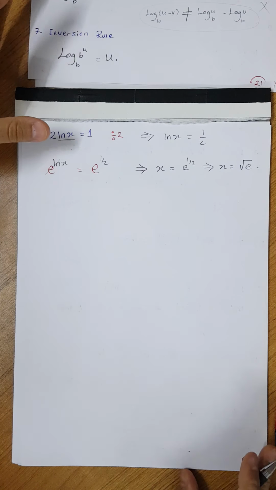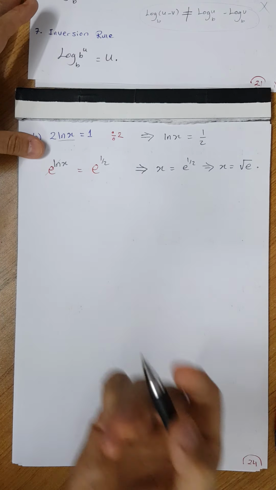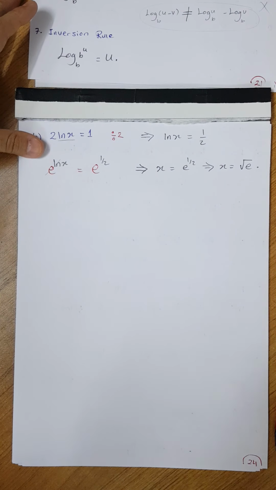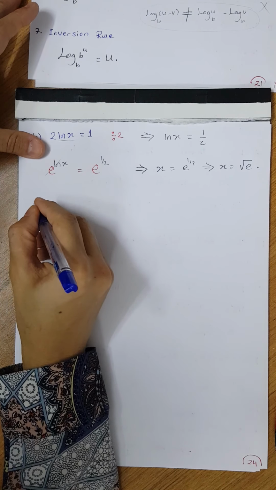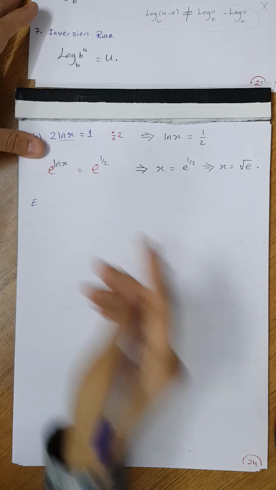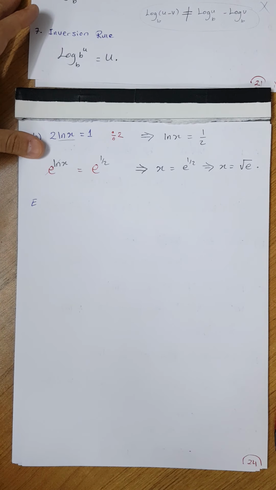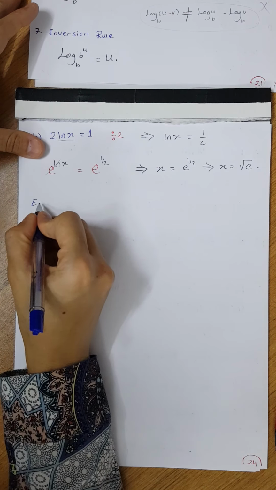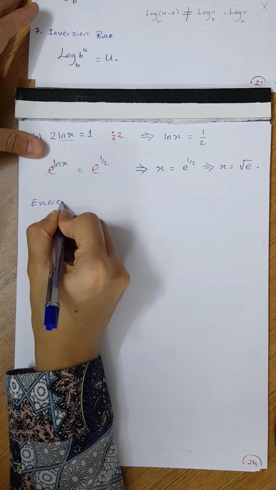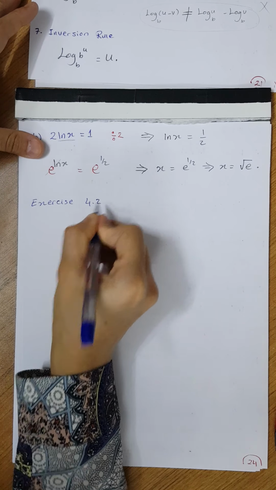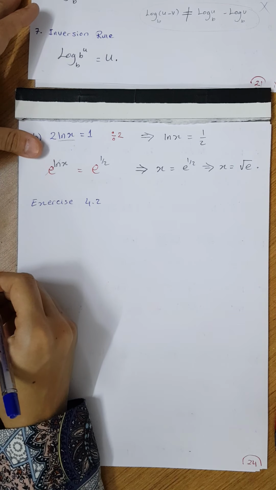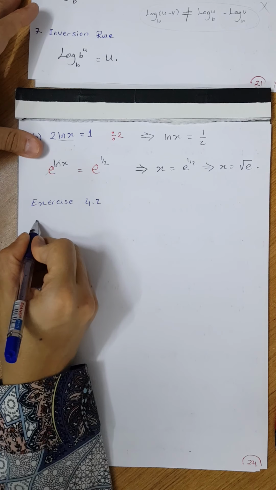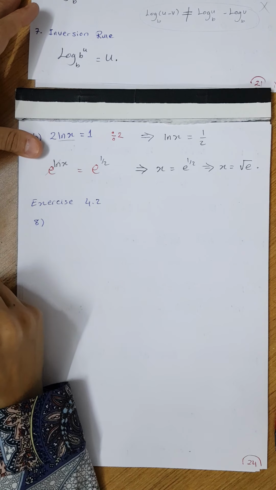In the exercises, I have got, let me write the exercise for you. In exercise, let me check it, sorry for that. Exercise 4.2. In number 8, okay, it says evaluate the given expression.